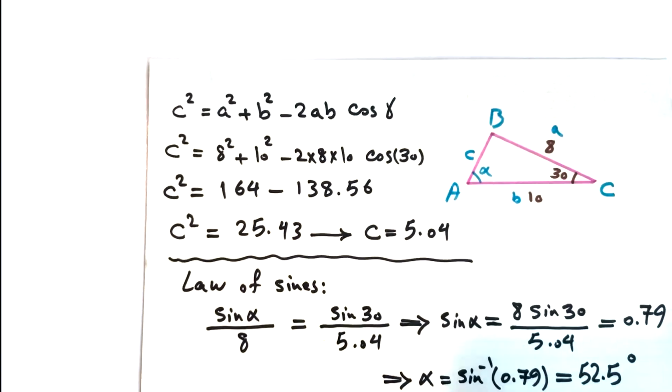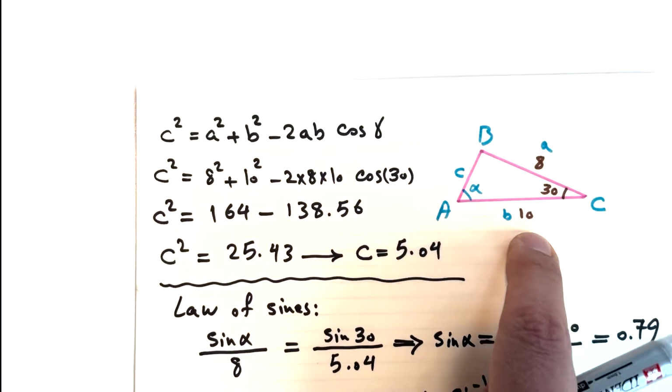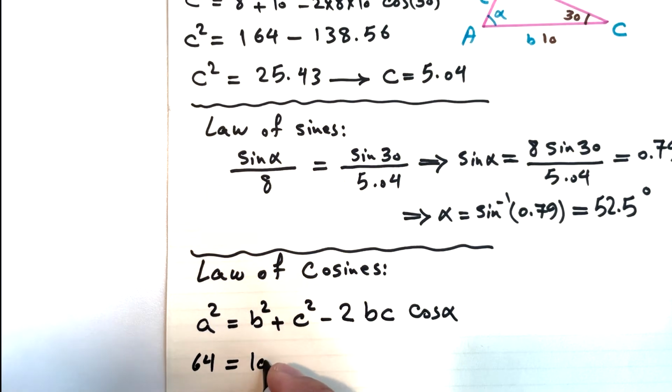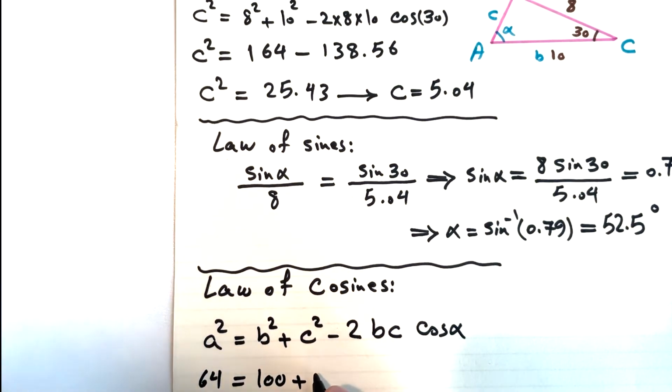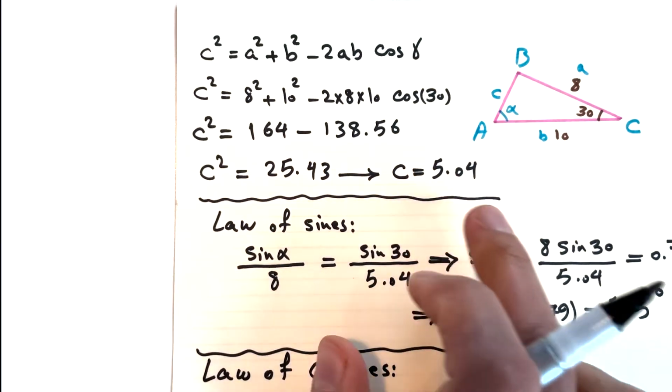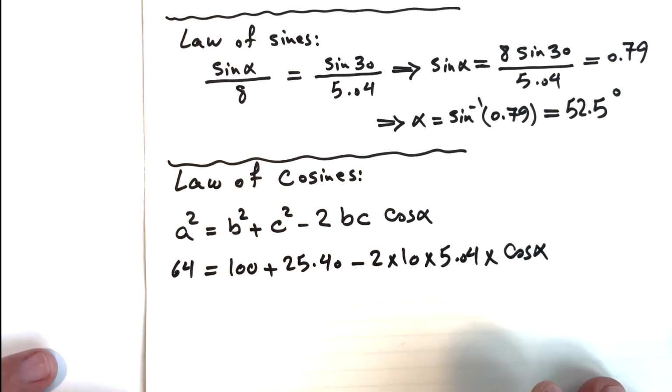I have the value of a here, 8. So it will be 64. A squared, 64, is equal to 10 squared, which will be 100, plus c squared here, which is 25.40, minus 2 times b, which was 10, and c, which was 5.04, times cosine alpha.